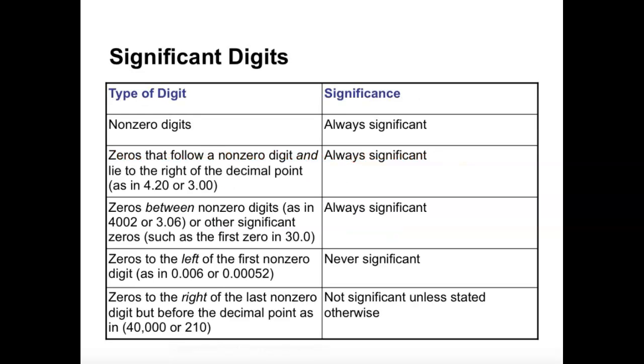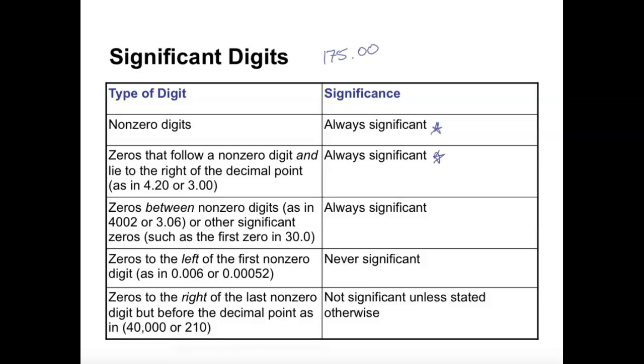All right. So let's see. Here's a table that indicates what is a significant digit and what is not a significant digit. Anything that's non-zero is always considered significant. Zeros that follow a non-zero digit and lie to the right of a decimal point are always significant. So that was like in my weight thing. If it was 175.00, that's indicating that we are measuring to the nearest hundredth.